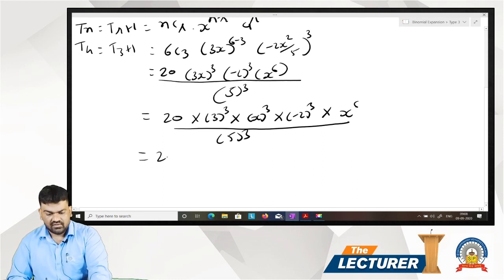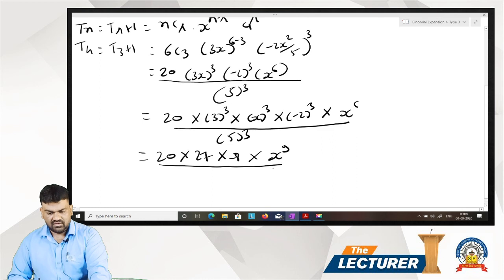Okay. 20 multiplied by 3 multiplied by 3 multiplied by 3, that is 27. x cube times x raised to 6, that is x raised to 9. Minus 2 cube, minus 8, divided by 5 cube, 125.